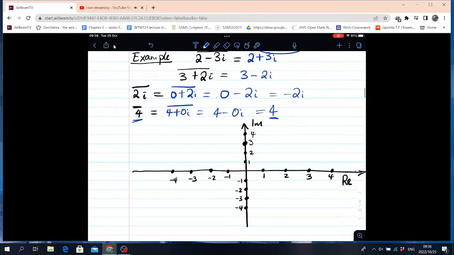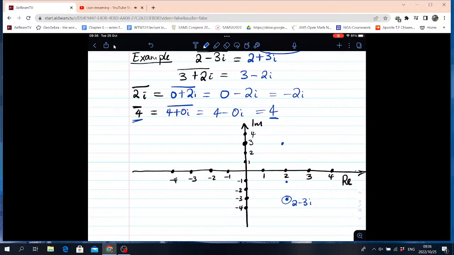Let's put these on an Argand diagram. So 2 minus 3i. The real part of that complex number is 2, and then we've got minus 3i. So this would be 2 minus 3i there on this point. And then if we were to put 2 plus 3i on the diagram, then we've got 2 here and then plus 3i.